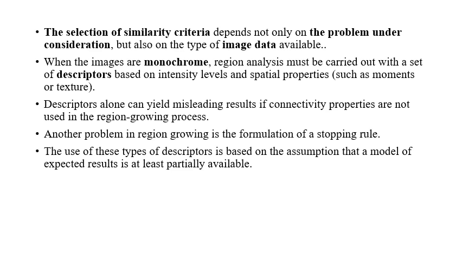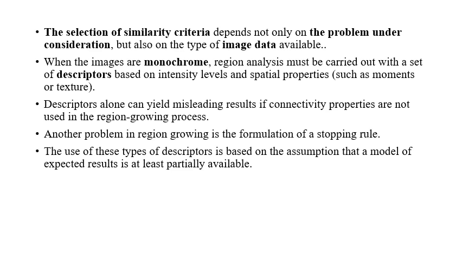So we can use descriptors for region growing, but that is not always the best solution. One of the major problems is defining the similarity criteria, and it depends not only on the problem under consideration, but also on the image data available or the prior information available.